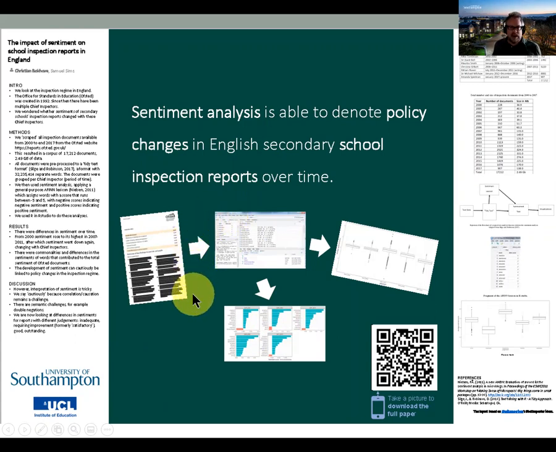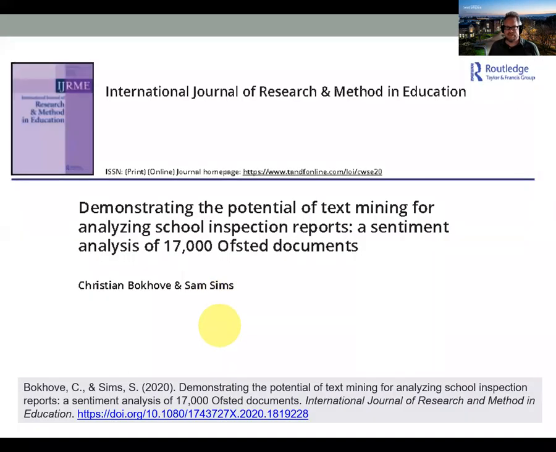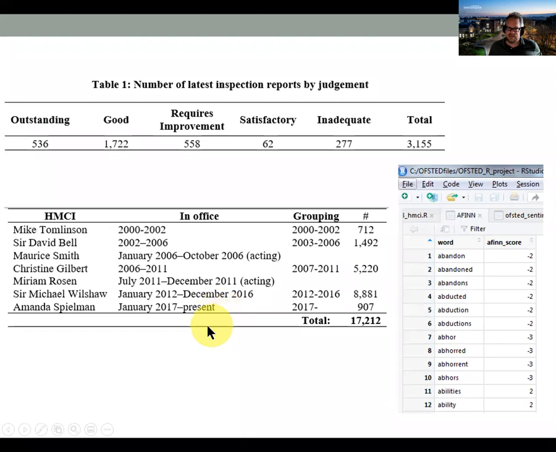So, for example, if you look at the time period that a certain head inspector was leading Ofsted, then the sentiments would be slightly different, higher or lower, depending on who it is, than other lead inspectors at the time. This culminated in an article in the International Journal of Research Method and Education, where we demonstrated the potential of text mining for analyzing school inspection reports, where we did a sentiment analysis of 17,000 Ofsted documents.